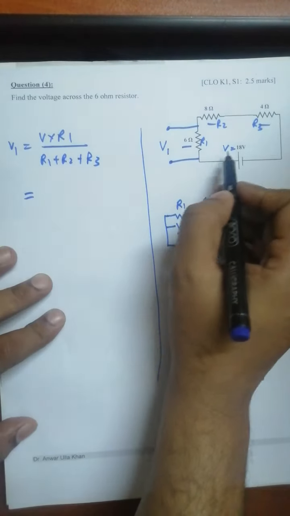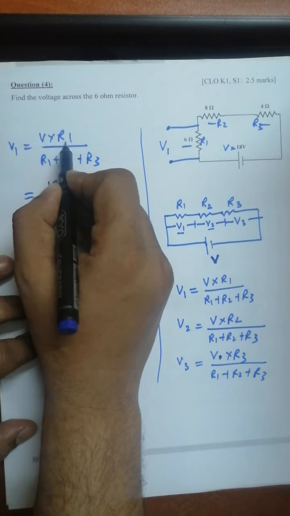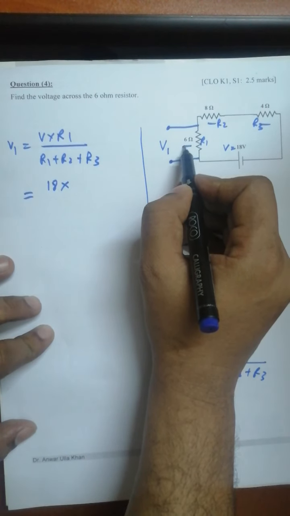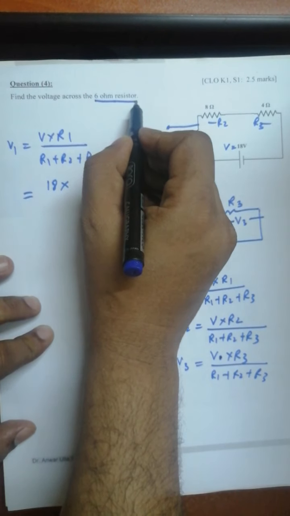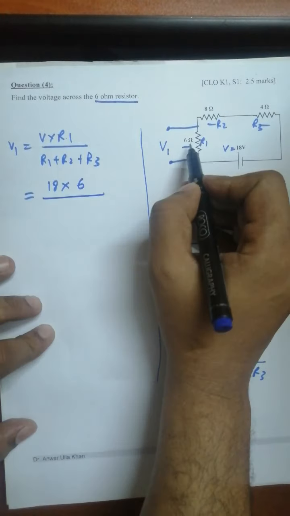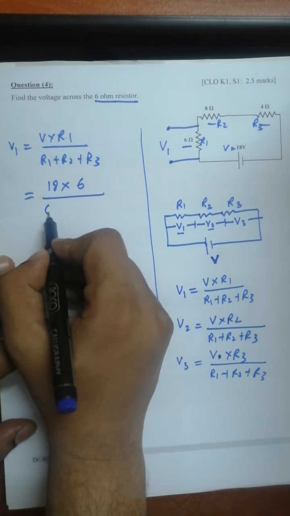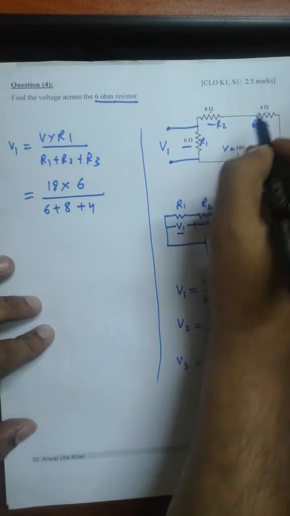The value of V in the question is 18. R1 is where you want to calculate the voltage, the 6 ohm, divided by the sum of all the resistors, 6 plus 8 plus 4.